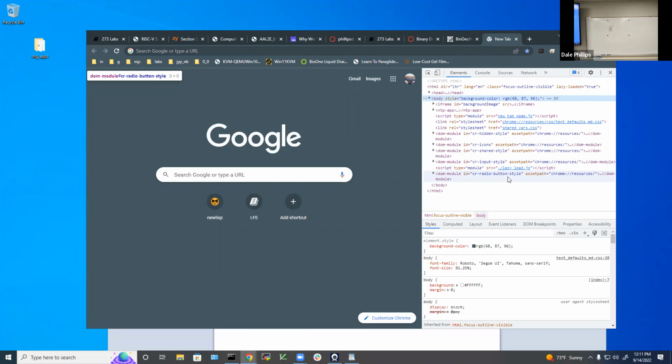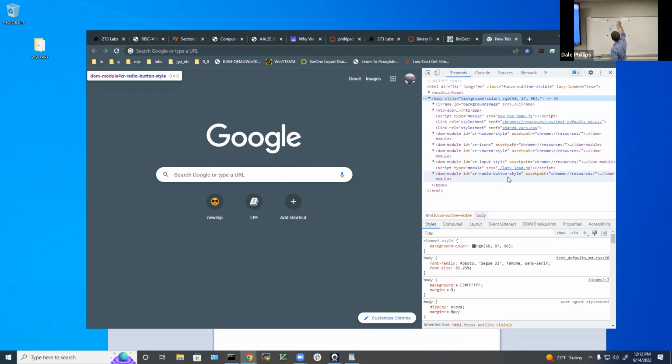Okay, Control-Shift-I in Google should bring you to developer tools. How many have never seen this before? How many are not admitting it? Okay, the developer tools in Chrome let you inspect.